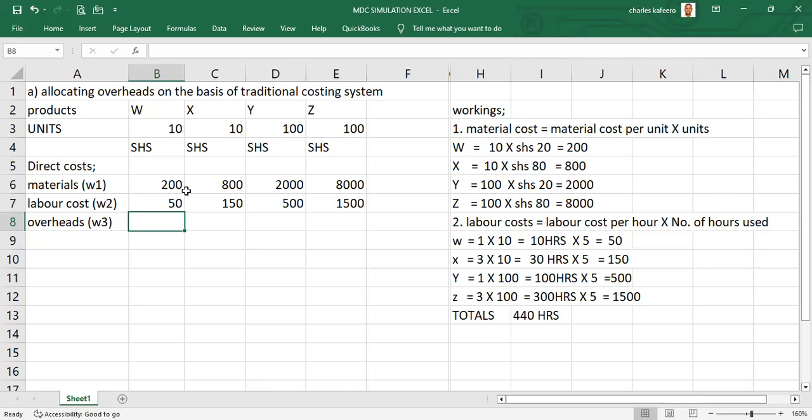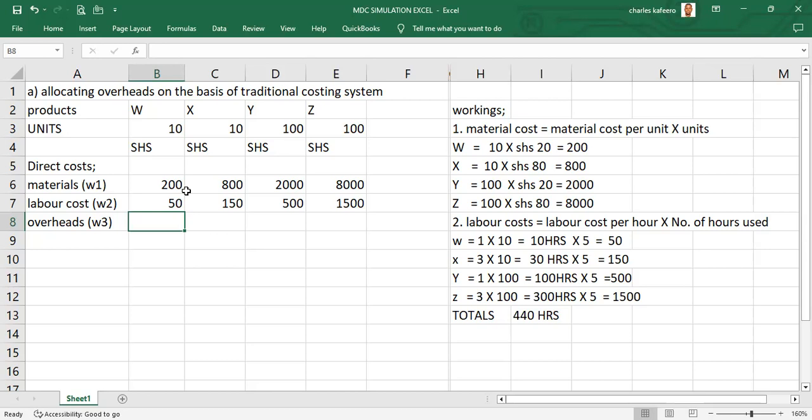So these overheads, we said with the traditional costing system, we use a single OAR, the overhead absorption rate. We use a single code. In other words, we just use one item, and it is either direct labor hours, or it's going to be machine hours. That's what we said in our theoretical video that we analyzed.